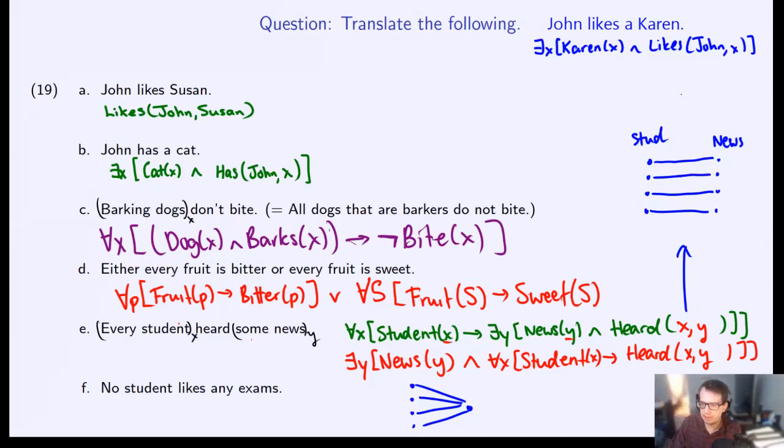For D, does there have to be two variables? No, we could use the same variable if we want. It would be totally okay for us to use P as well. In this case, that would be fine, because they have different scopes, so we can reuse them.